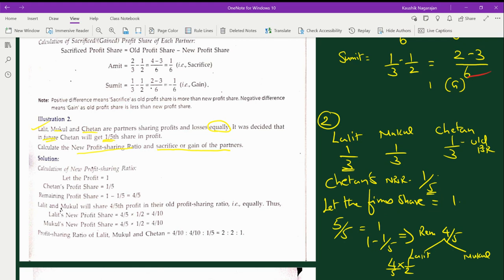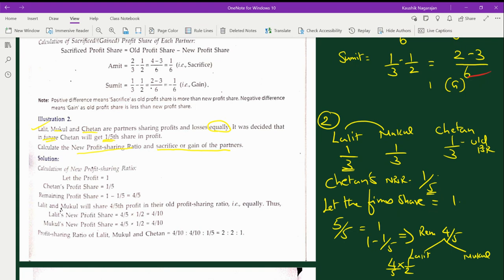It's quite simple. We have three equal partners, Lalit, Mukul and Chetan, and Chetan's share is given to us, so we need not bother about Chetan's NPSR. We bother only about these two people, Lalit and Mukul, whose old share is 1:1, that is, 1 by 2 and 1 by 2.